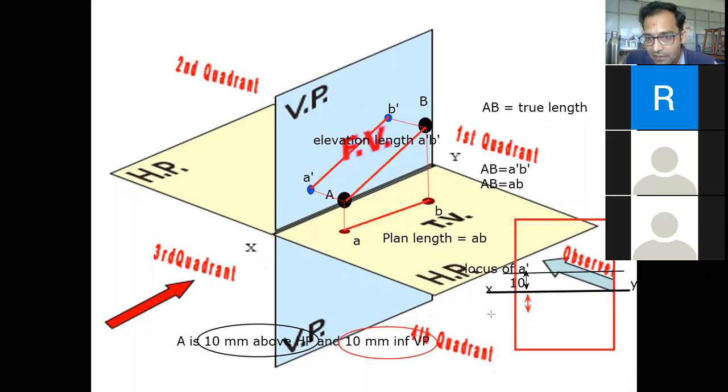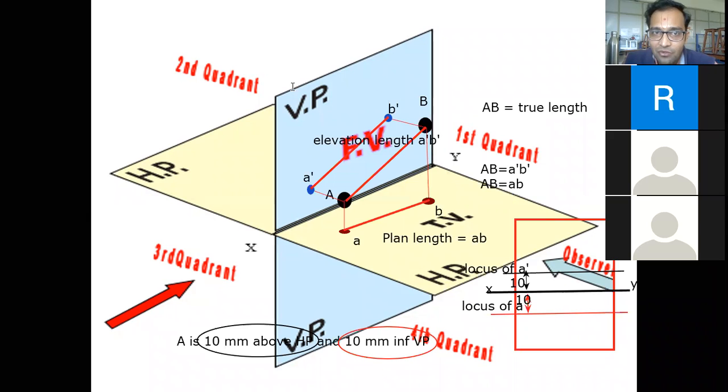I'll be dropping another line over here, 10 mm away from the reference axis, and that particular line is indicating the locus of A, which is the possibilities to place A, at a distance of 10 mm.